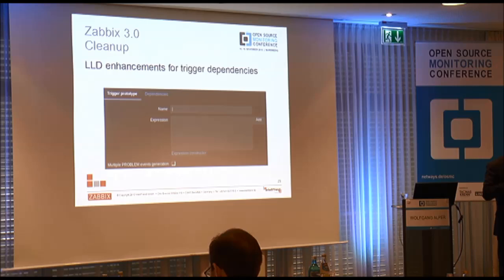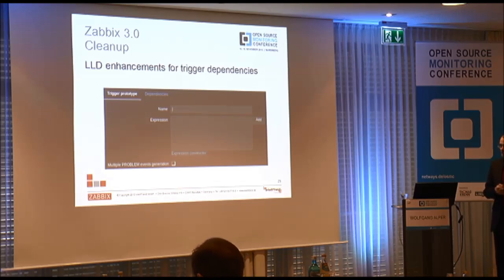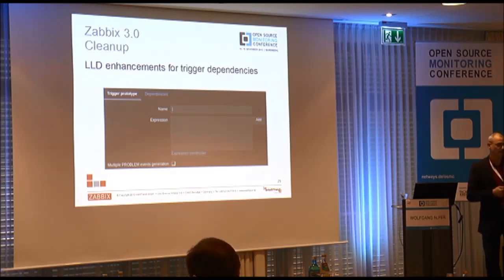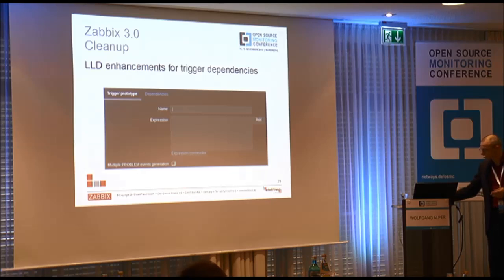What you usually would have to handcraft, like the mail server 1 and mail server 2 thing, where you combine multiple triggers, can now be done in one go, automatically created using the low-level discovery. So this is really, really powerful.